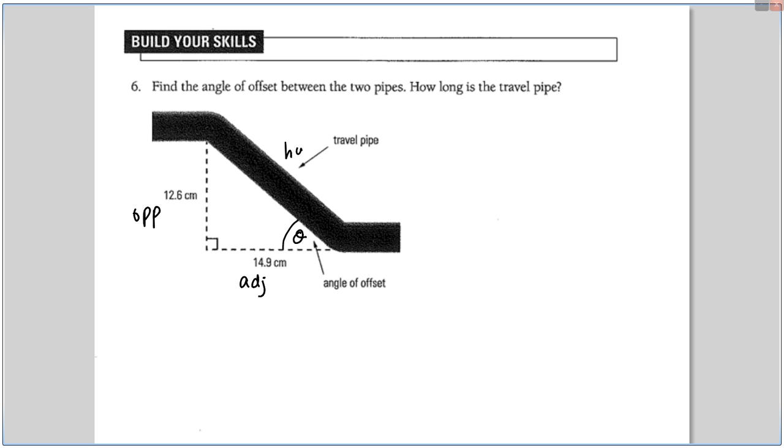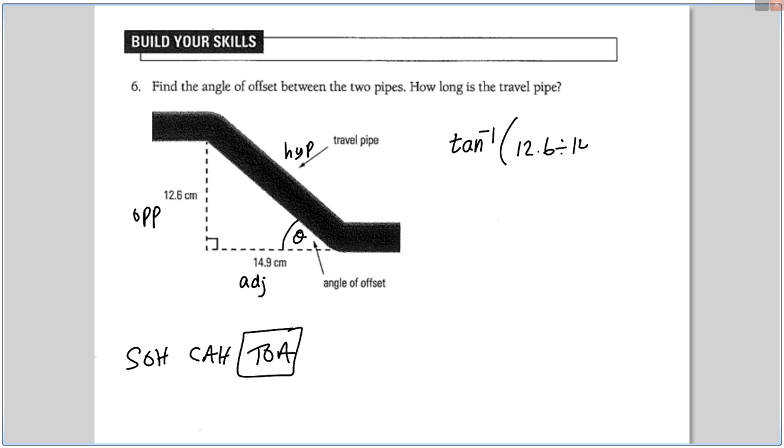Hyp's up here, right? Which formula does op and adj? Tan, good. If you're solving for an angle, which function do you use? Primary or secondary? Secondary, open the bracket. Op goes first, adj goes second. And there it is. That's going to spit it out. If you got my scientific calculators, what do you need here on the second function? Brackets, good.